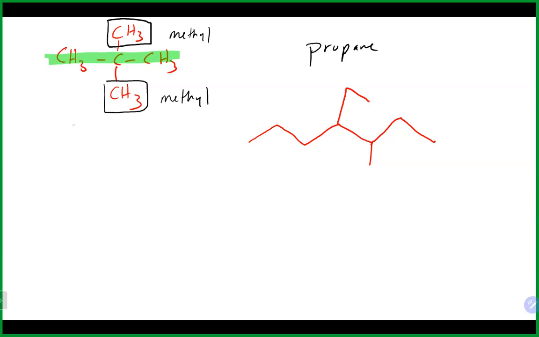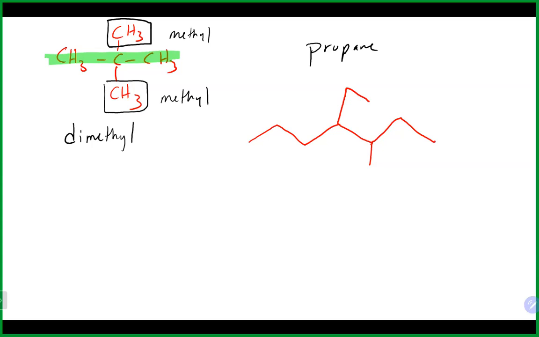That would be dimethyl. It is not because they happen to be on the same carbon. It just means that there are 2 in that molecule. They could be on the same carbon or on different carbons, but because there are 2 of them, we use the prefix di. If we had 3 of them, we would use tri, and if we had 4 of them, we would use tetra.